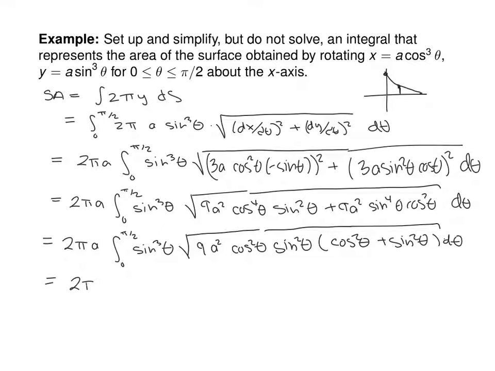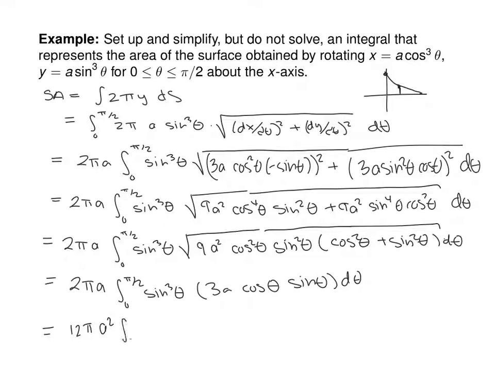So we have 2 pi a integral 0 to pi halves sine cubed of theta times 3a cosine theta sine theta d theta. So that's 12 pi a squared integral 0 to pi halves sine to the 4th theta times cosine of theta d theta.